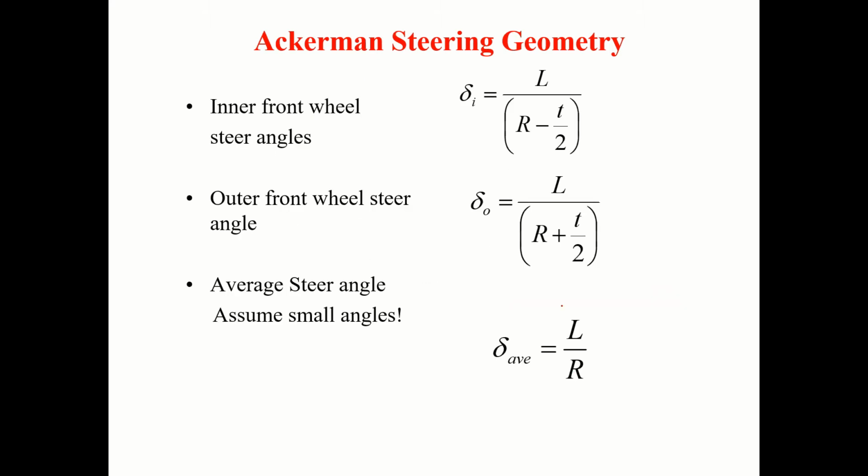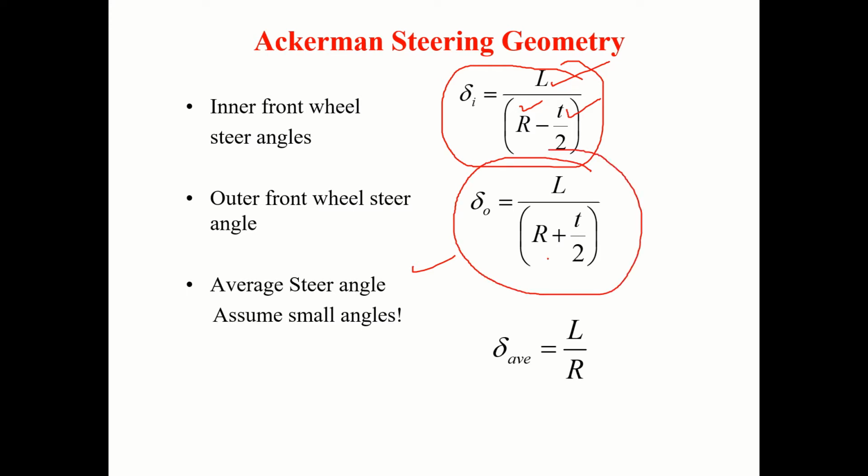Next thing is, what are those values? Delta I from the geometric relationship, you can write like this, where L is the wheelbase length, R is the radius of turn, and T is track width. So for delta naught, it is L divided by R plus T by 2.